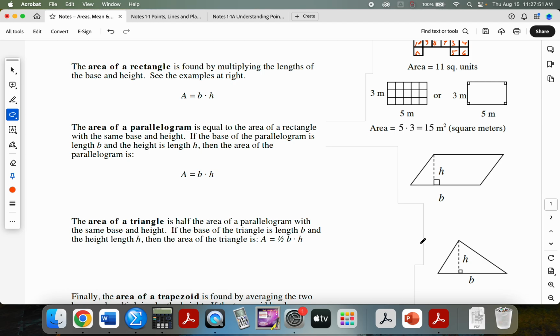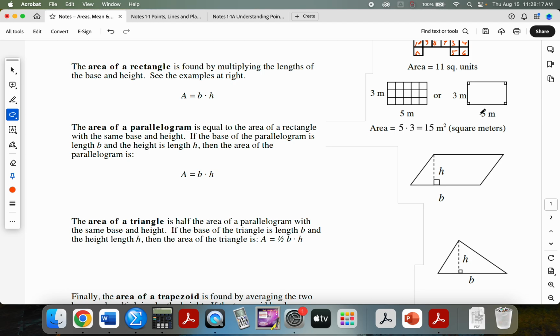Now, why should that be the same? Does anyone know why that's the same as it is for a rectangle? Yes, sir. It's because a parallelogram and a rectangle have four sides. That's true. They do both have four sides, but that doesn't work for all four-sided figures. Okay, so part right. Yes?